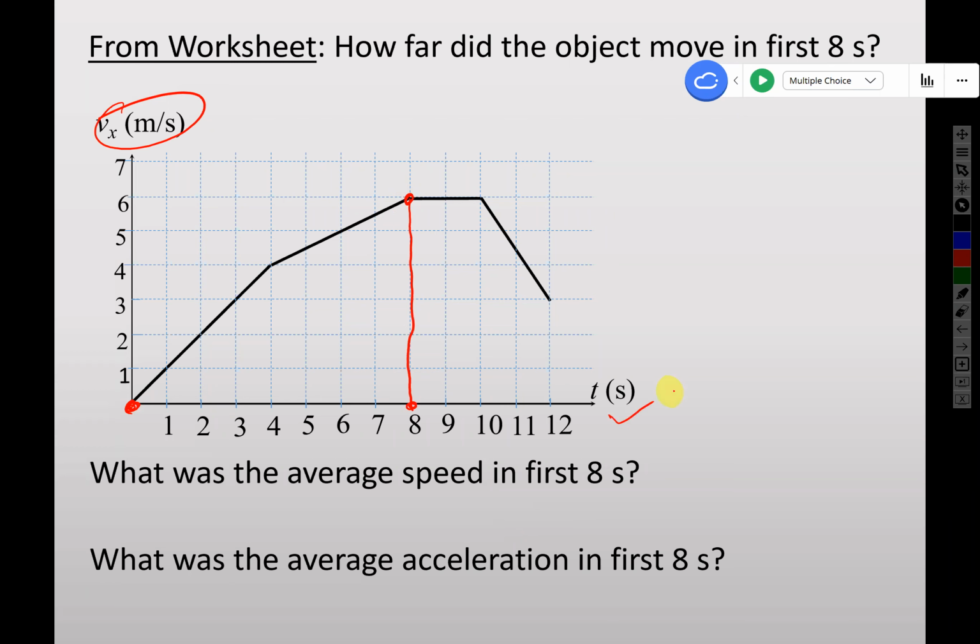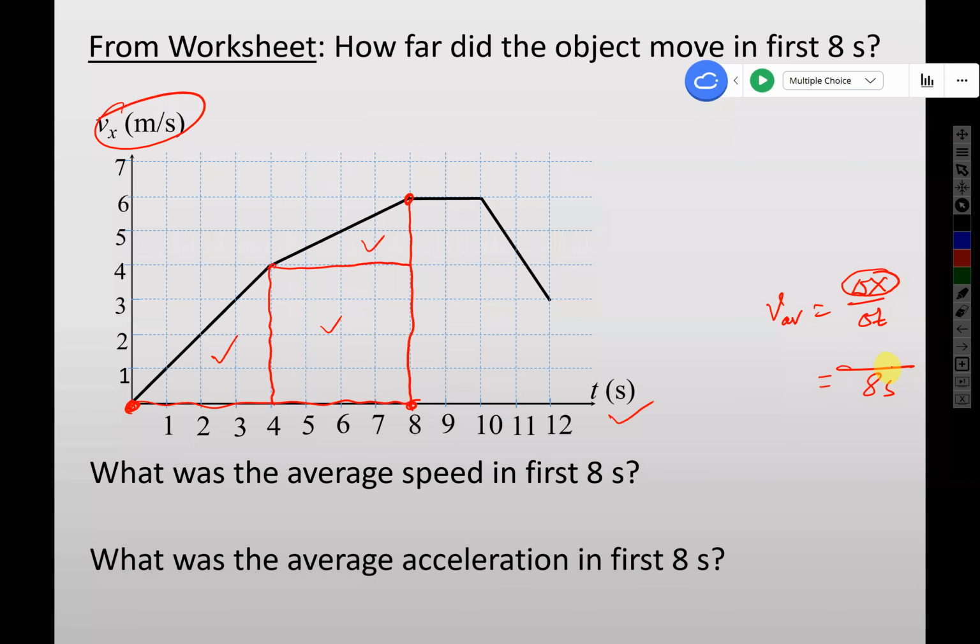And this is time. What is average speed? V average is displacement over time. Do you guys still remember that? So that means we need displacement. How do we find displacement? Find the area under the curve. Find this area, this area, this area, add them together. That's going to be displacement. And divide that by the time interval, which is 8 seconds.